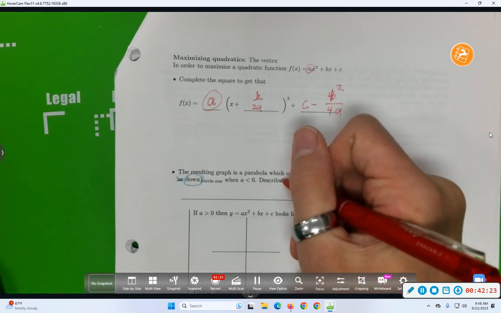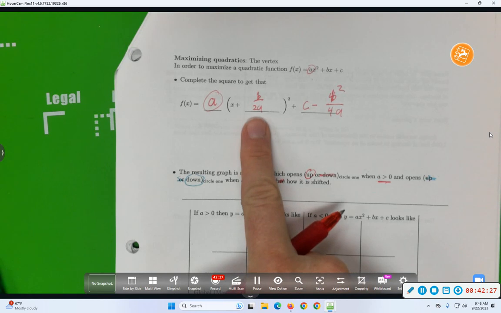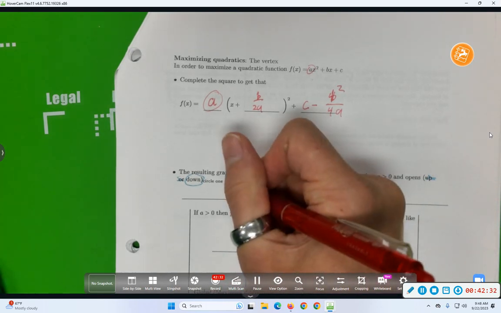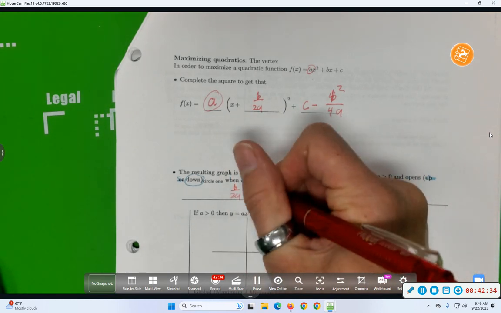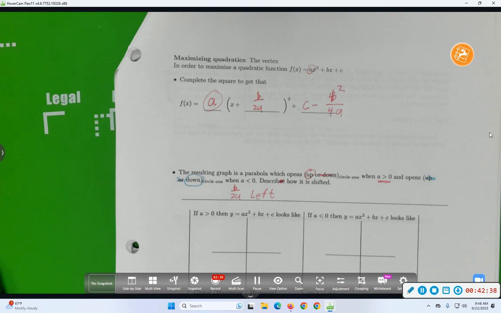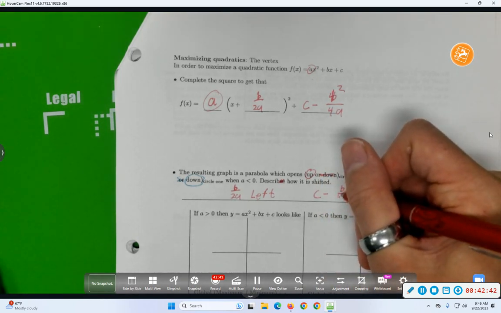Let's also say how it's shifted. This parameter says the horizontal shift. So it's shifted by b over 2a to the left. You would go right if it's negative. And then c minus b squared over 4a.